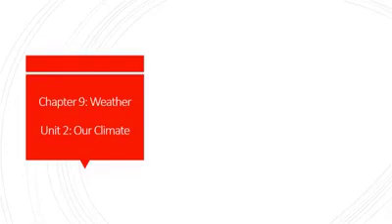Some of your course books might have different pages from mine, so please just find chapter 9 in unit 2, our climate. Some students' books might be page 50 or maybe page 52, but my book is page 51.